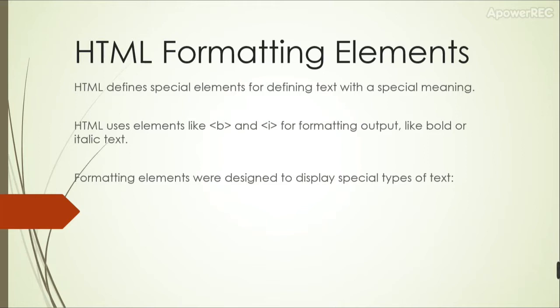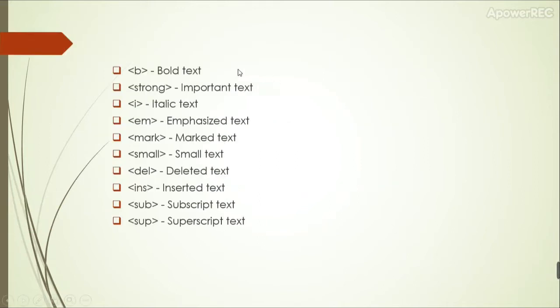Formatting elements were designed to display special type of text, like B tag is used for bold, strong, important text, I italic text, EM emphasized text, mark text, small text, del deleted text, INS inserted text, subscript text, sub, superscript text. I will show with example.